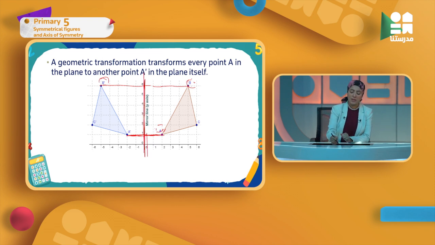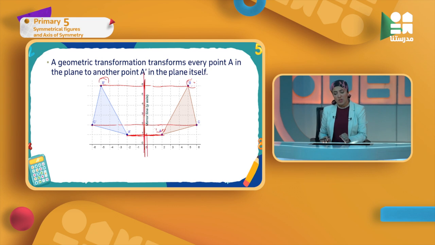Okay, now let's move to point C, which is the third and last point in this triangle. The point C here is 1, 2, 3, 4, 5, and 6 units away from my y-axis, and its reflection, of course, will also be 6 units away from my y-axis, but in the opposite direction.